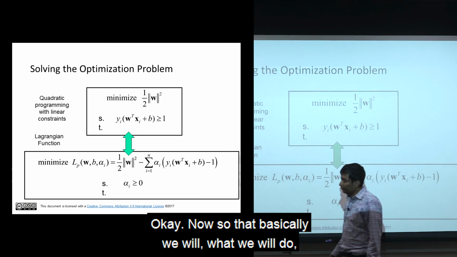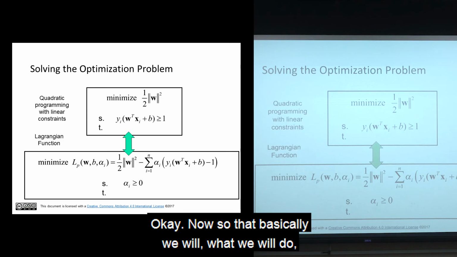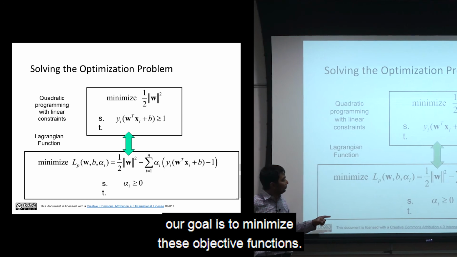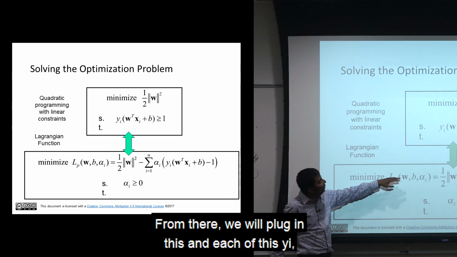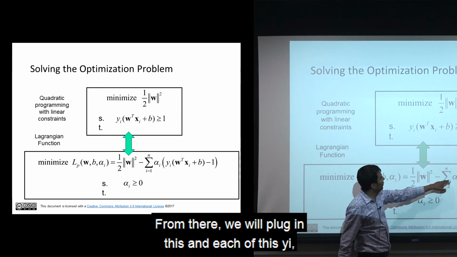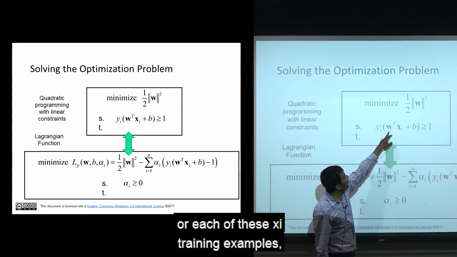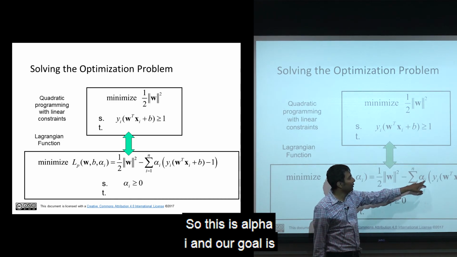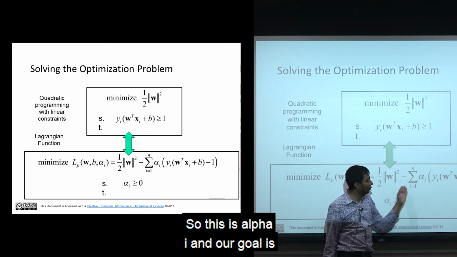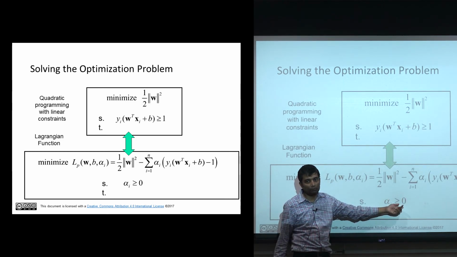Our goal is to minimize this objective function. From there, we will plug in this, and each of these training examples xi, yi will have a Lagrangian multiplier, alpha i, and our goal is to minimize the whole expression where alpha i is greater than or equal to 0.